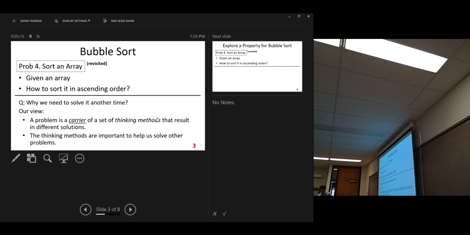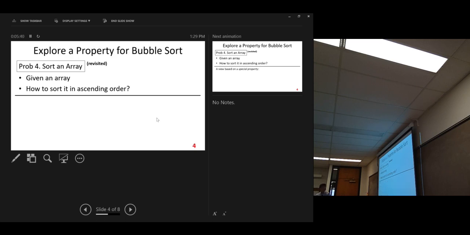The thinking methods help us solve other problems. After we are equipped with them, we can solve many other problems. That's the reason we solve this problem repeatedly, using different methods.